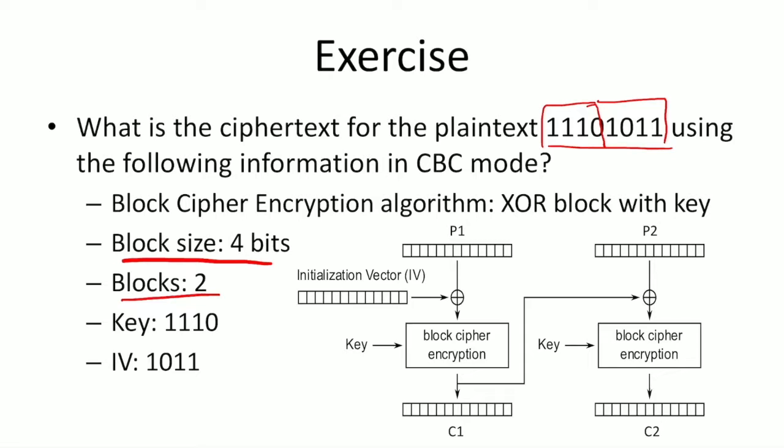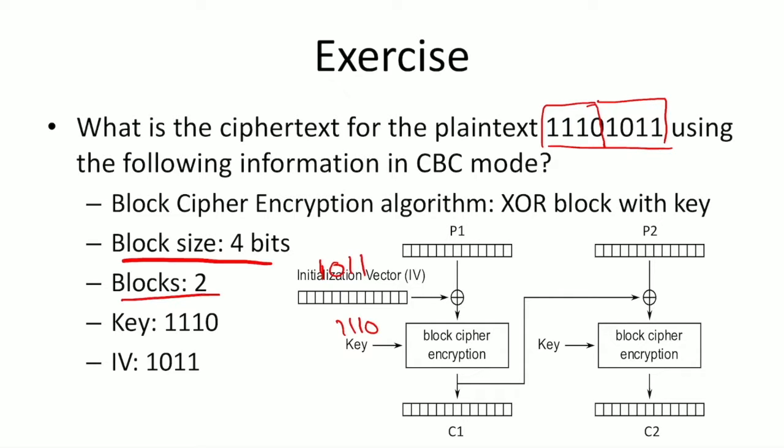And then our key is 1110, and our initialization vector is 1011. So let's try to encrypt each plaintext block using this information.